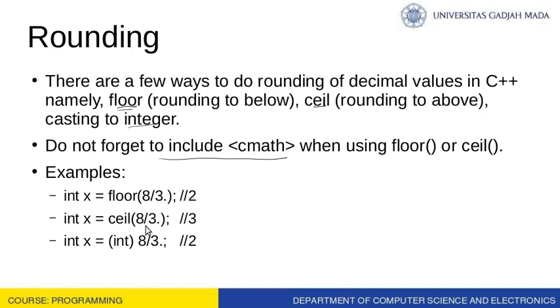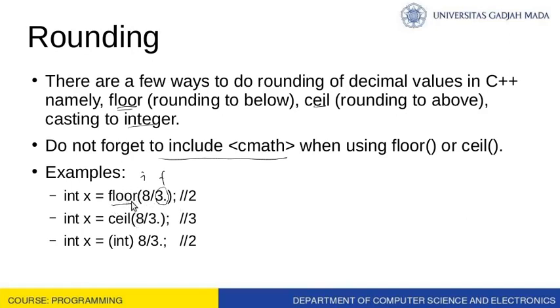This is, for example, suppose I have 8 divided by 3. So here this is float, this is integer. Why is this float? Because I have this decimal place here, even though there is nothing here, you can consider that this is 0. So 8 divided by 3 in float will be 2 something, but I do floor.